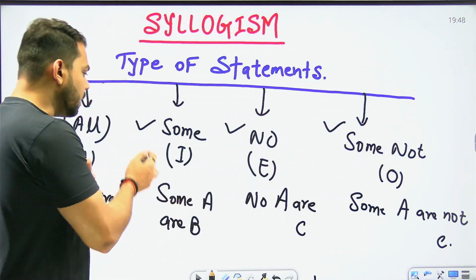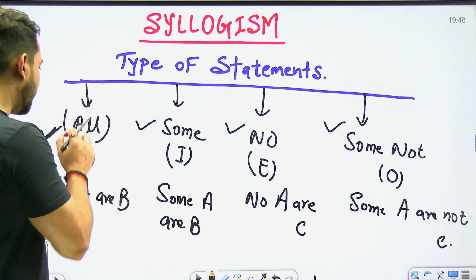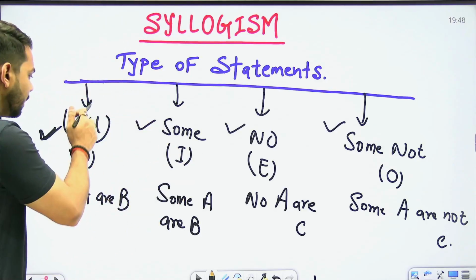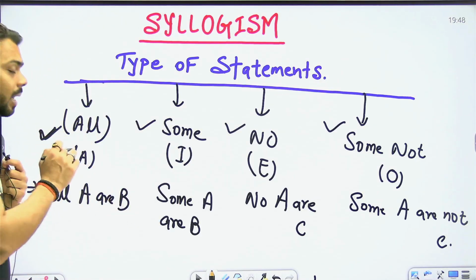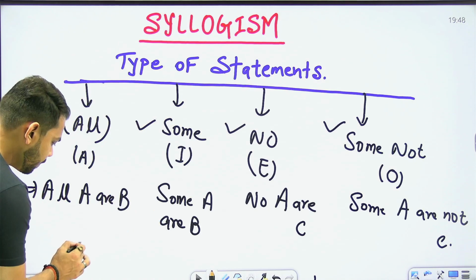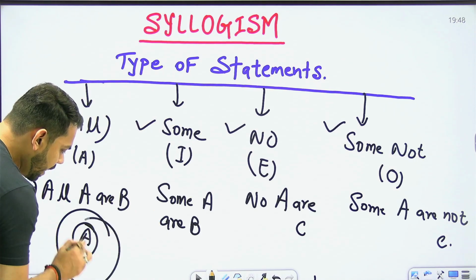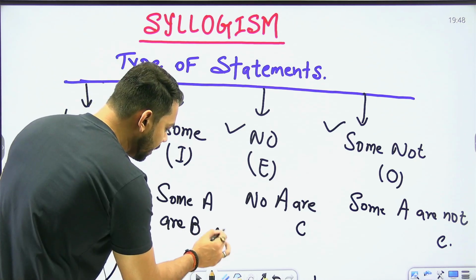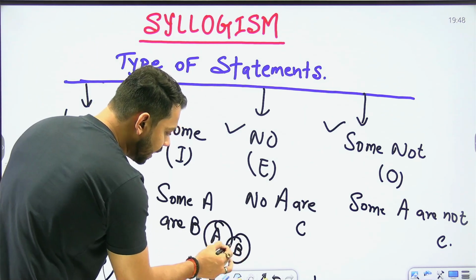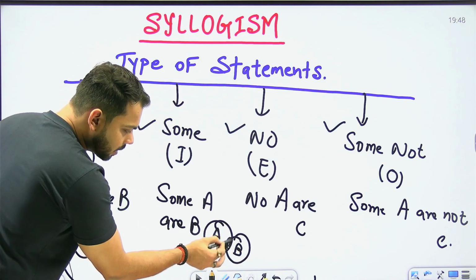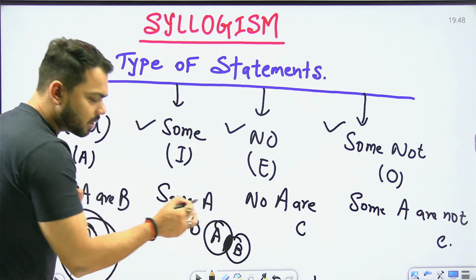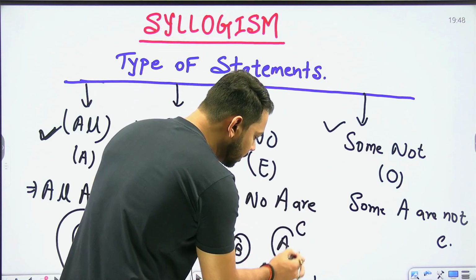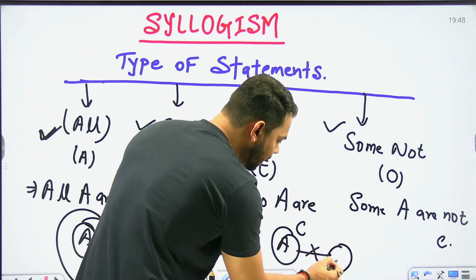Right? If we talk about the Venn diagram, how can we draw a Venn diagram for each type of statement? For the all type, if it is given that all A are B, then we draw A entirely inside B. For some, we can draw some A are B, where some part of A overlaps with some part of B. Third is no A are C, so both parts will be far away from each other.